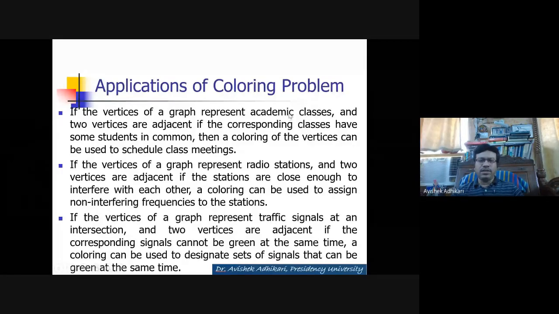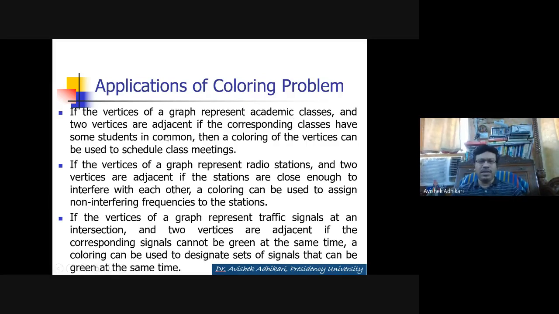So what you understand is that you can very well run the classes at the same time. So in the routine, usually we put both the classes at the same time. That means there won't be any conflict. But if it happens that some students are common there, then you cannot run both classes simultaneously, because a person cannot be present in both the classes simultaneously. So here also this coloring problem plays an important role.